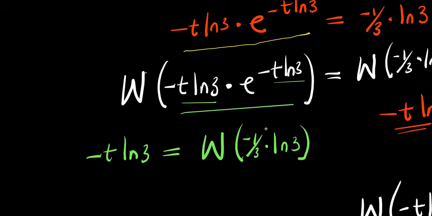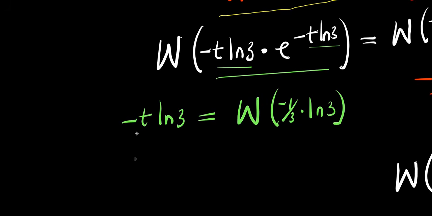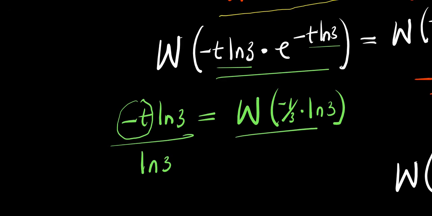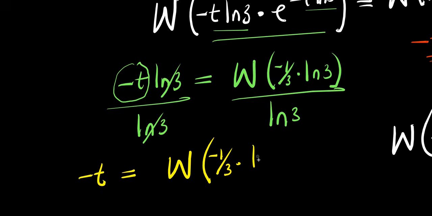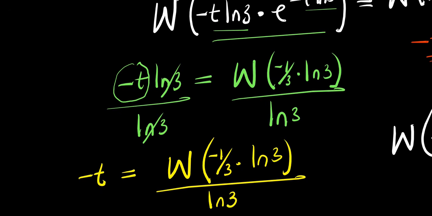So the next thing we are going to do is to isolate this negative t. So I divide this by ln 3. I divide this by ln 3, right? So once you do that, ln 3 cancels ln 3. So what you are going to have is negative t equals the Lambda-W function of negative 1 over 3 times ln 3 divided by ln 3.